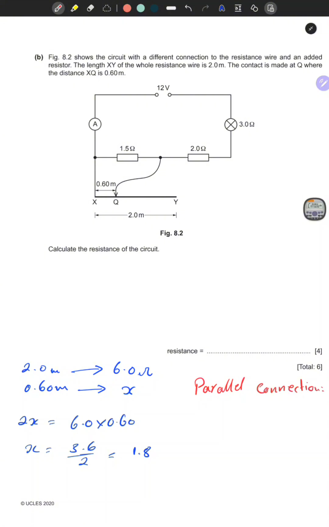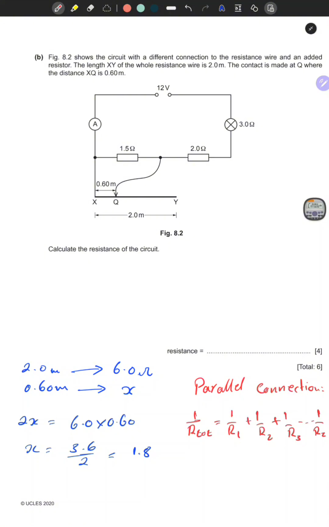The rule says 1 over R total is equal to 1 over R1 plus 1 over R2 plus 1 over R3, and that will continue until 1 over RZ.